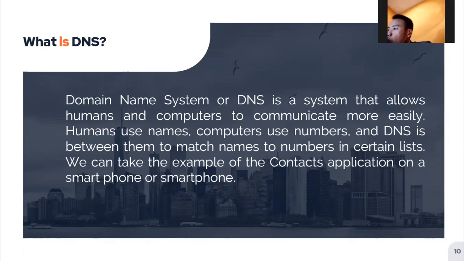Humans use names, computers use numbers, and DNS sits between them to match names to numbers in a directory list. We can take the contact application on a smartphone as an example.